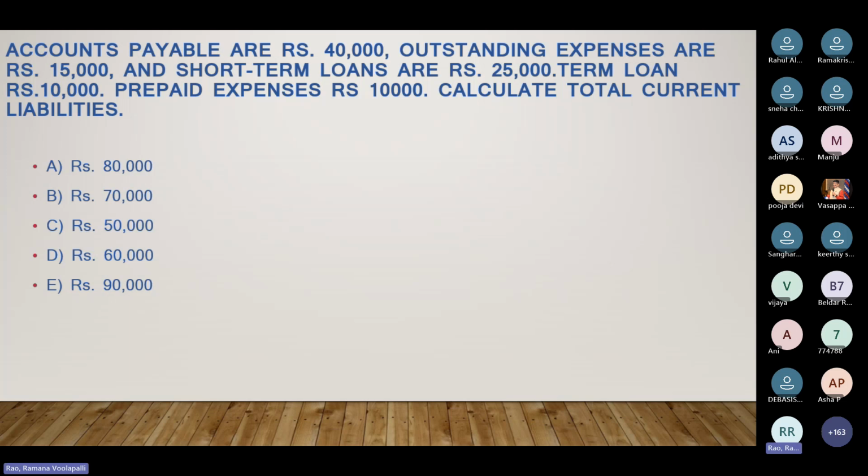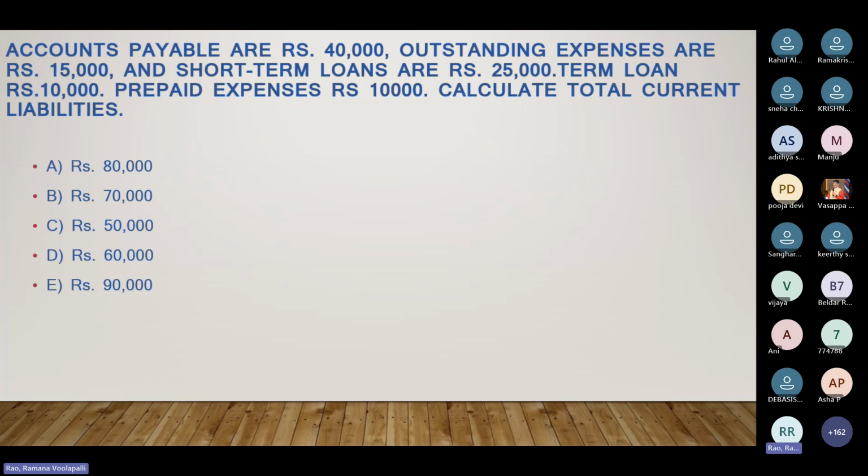Now give the answer of this. Calculate it quickly. Accounts payable 40,000, outstanding expenses 15,000, short-term loans 25,000, term loan 10,000, prepaid expenses 10,000. Total current liability? Give me current liability only. I am waiting.